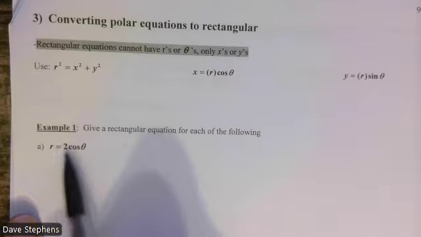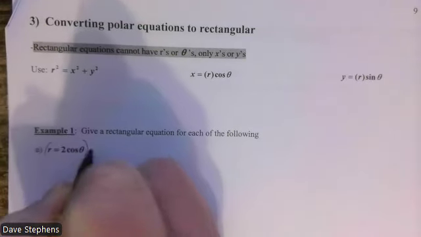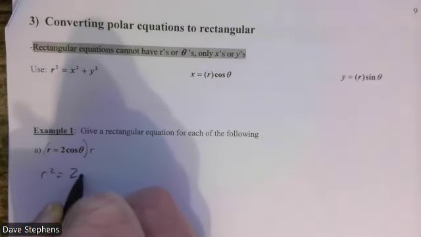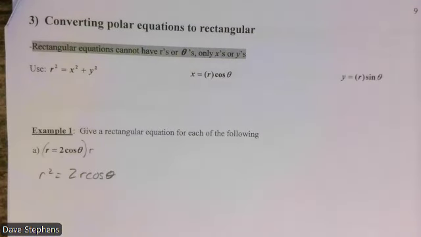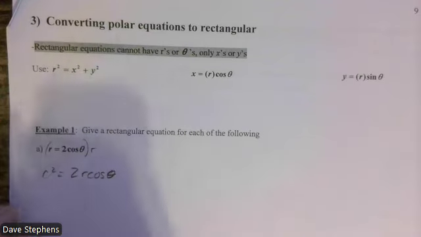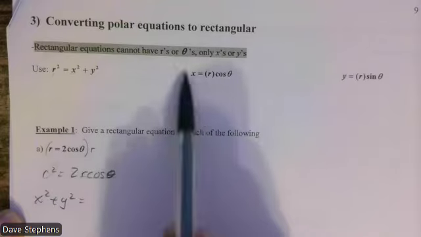So if I multiply both sides of this equation by r, I would end up with r squared equals 2r cosine theta. Now, r squared is x squared plus y squared, so we get x squared plus y squared. And r cosine theta is x.